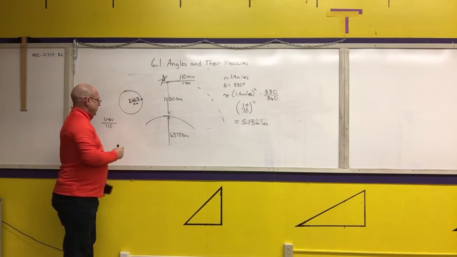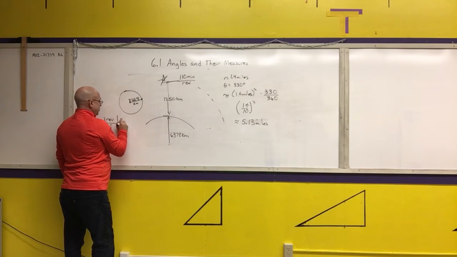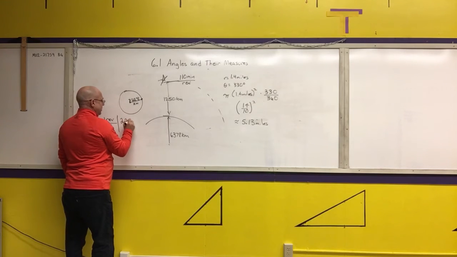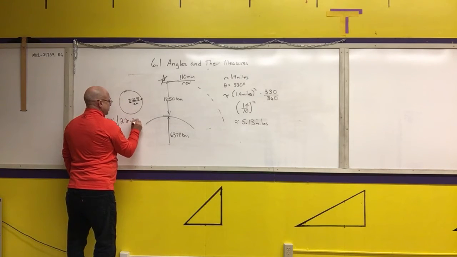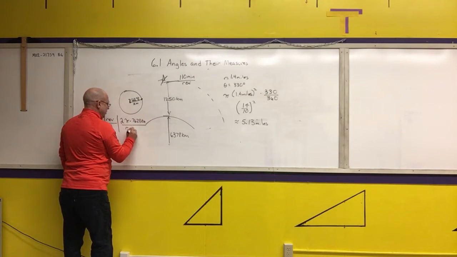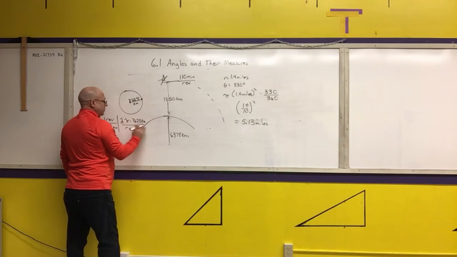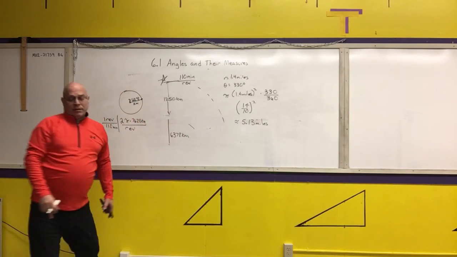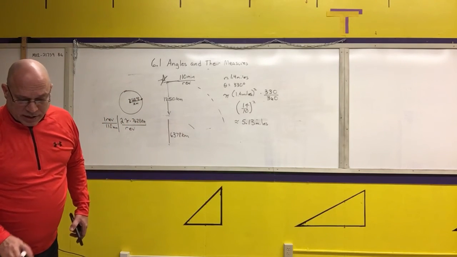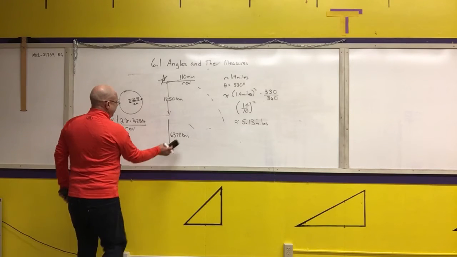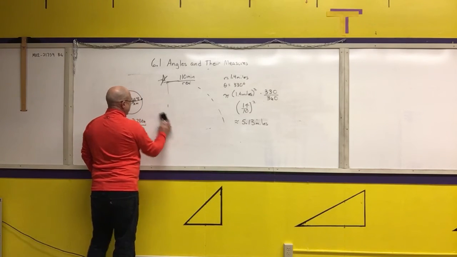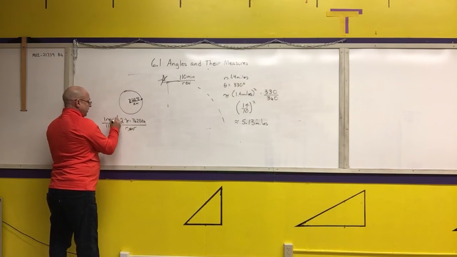It goes its circumference. Well, it goes 2 times pi times 7,628 kilometers per revolution. And they want it in kilometers per minute. And do I have that for my units now? Revolutions cancel.